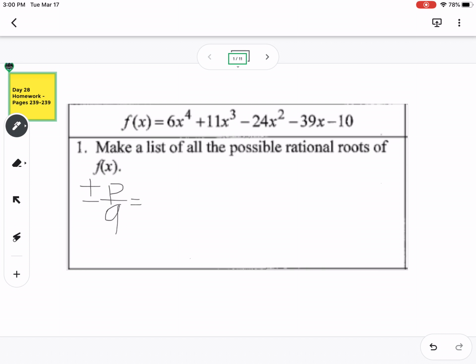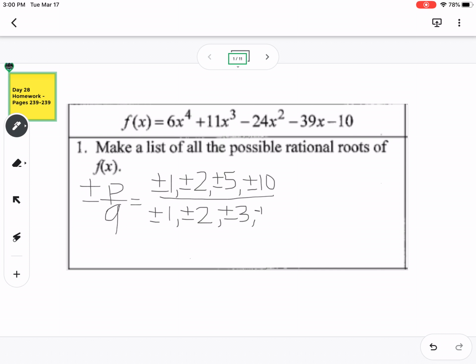So you're going to have factors of 10: plus or minus 1, plus or minus 2, plus or minus 5, and plus or minus 10, over the factors of 6: plus or minus 1, plus or minus 2, plus or minus 3, and plus or minus 6. Okay, then all you need to do is simplify from here.